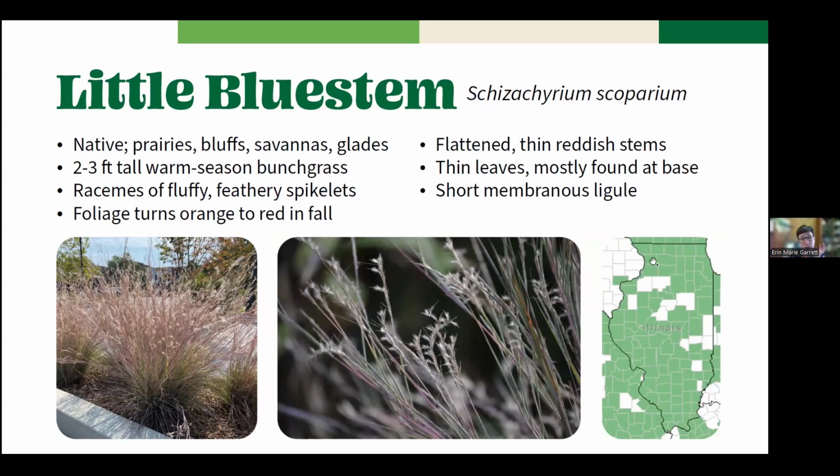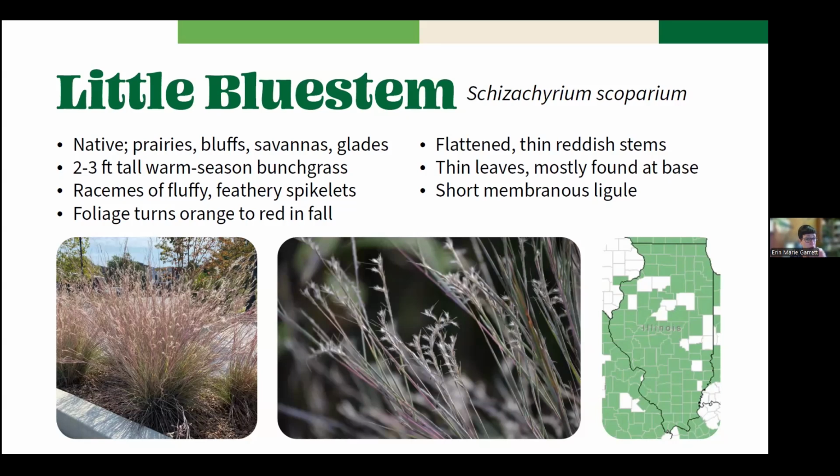Distribution maps aren't 100% accurate, but they're really helpful clues with that. So little blue is going to be a lot more indicative of a higher quality habitat. You're not really going to find it as much in disturbed areas or in pasture settings, right? We're going to find it more on bluffs or glades or savannas or in our remnant prairies. That's going to be more of the habitat for this grass.